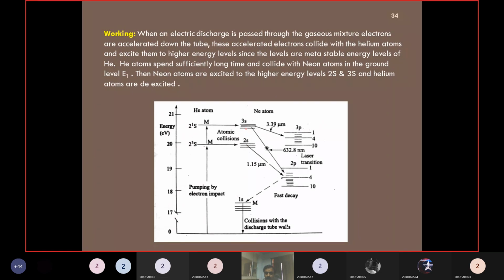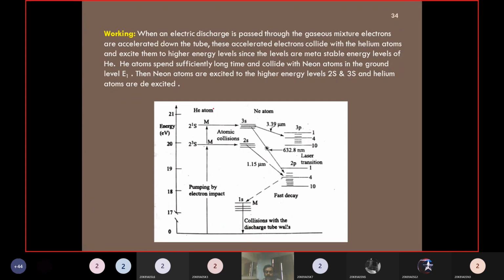These are the excited states of the neon atom. If you take the neon atom energy levels, this is the 3p energy state, this is 2p, and this is the 1s energy state.